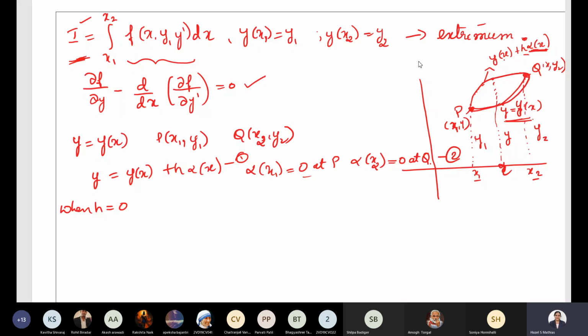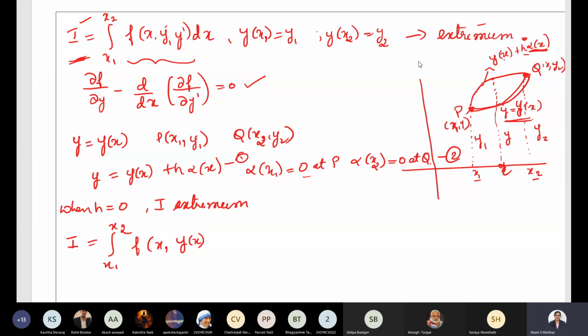When these curves coincide, we get the extremum. I attains the extremum when h is equal to 0. So you can write the integral I as the integral from x1 to x2 of f of x comma y of x comma y dash.